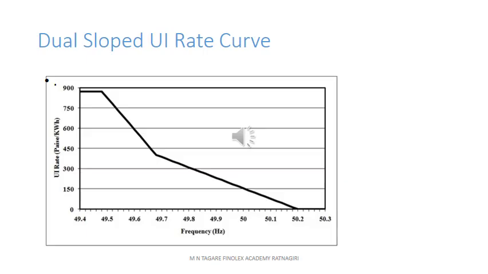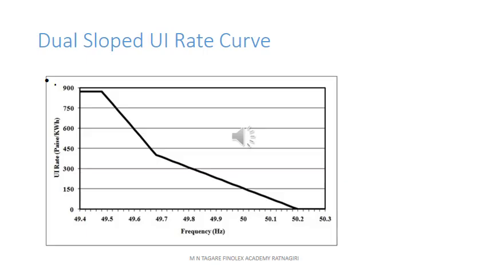Now let us consider if the grid has surplus power. Obviously the grid will operate in the zone of 50 plus, maybe 50.1, 50.2. When the frequency is high, you will find the rate is very low, not even 50 paisa.